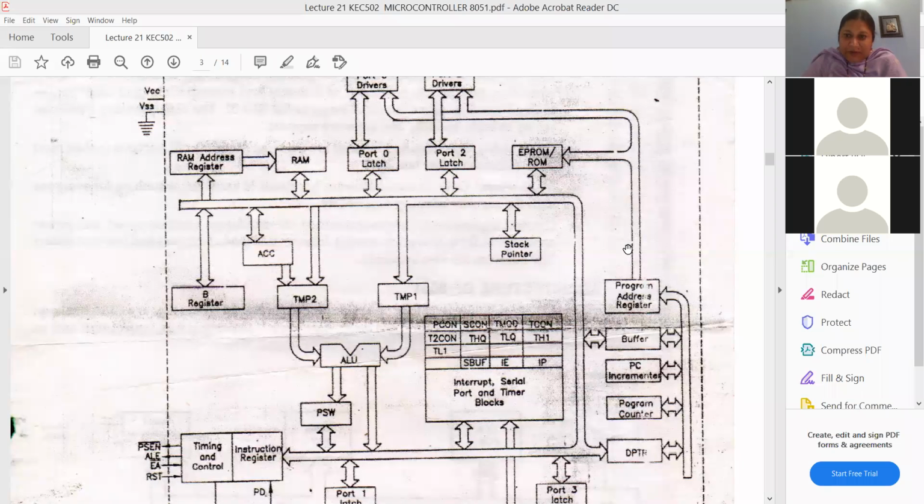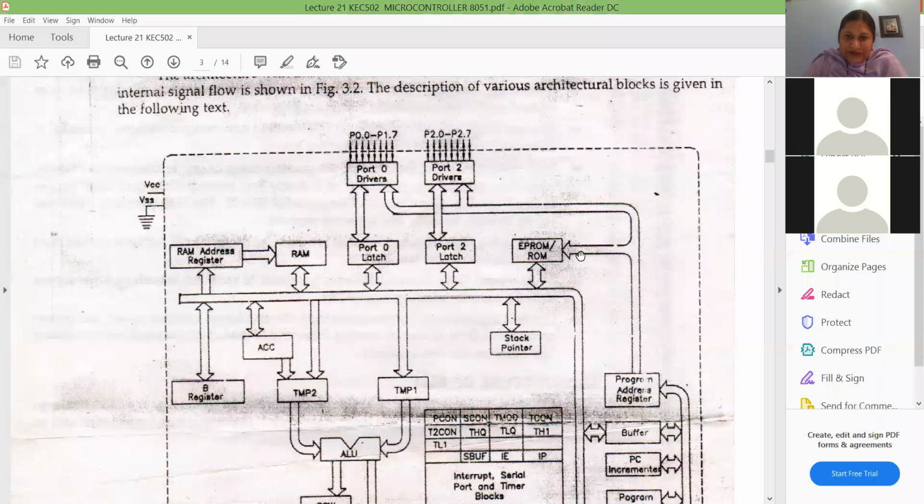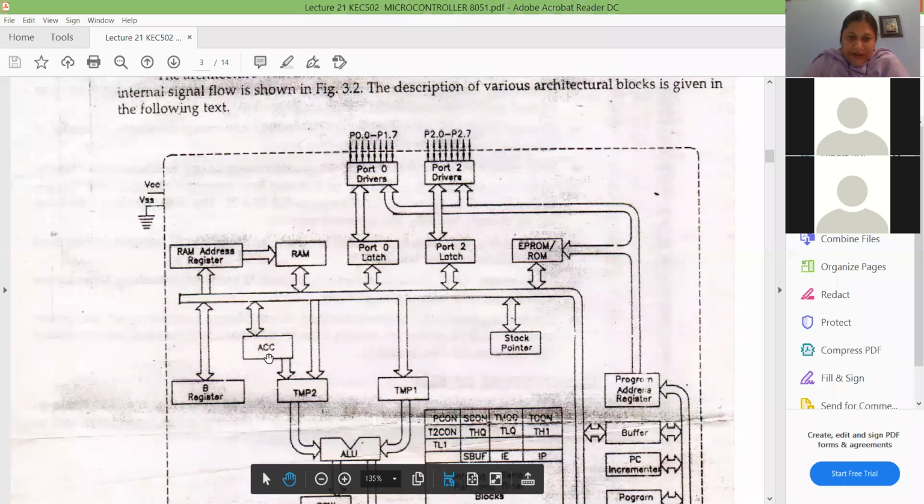So this is the detailed block diagram of 8051 microcontroller. You have RAM, you have 4 ports, EEPROM is there, accumulator is there, then there are 2 temporary registers, ALU is there, arithmetic logical unit.